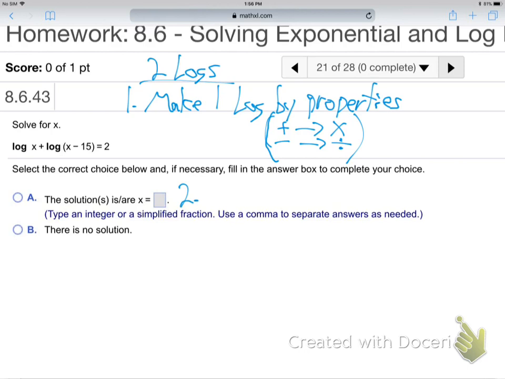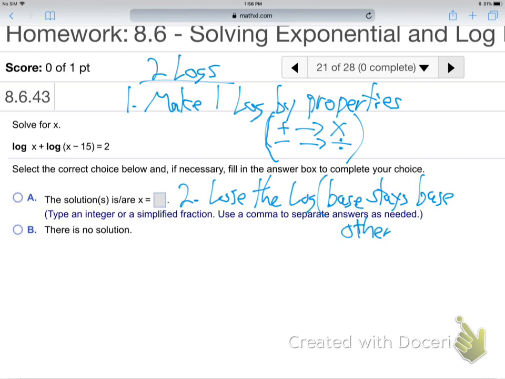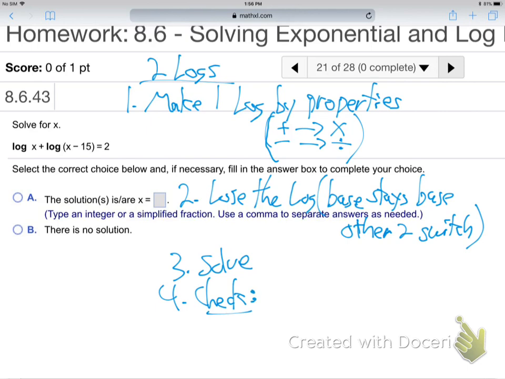Step 2, lose the log. And you know what that means. Base stays the base, other two switch. And then step 3 is solve. Step 4 you must check, unfortunately, but it's an easy check. How do we check?